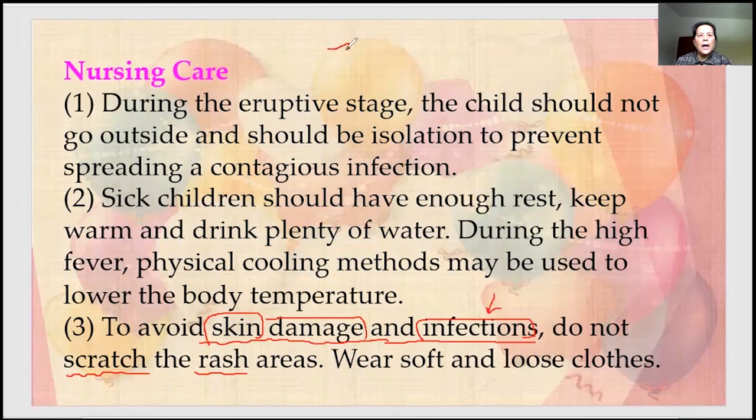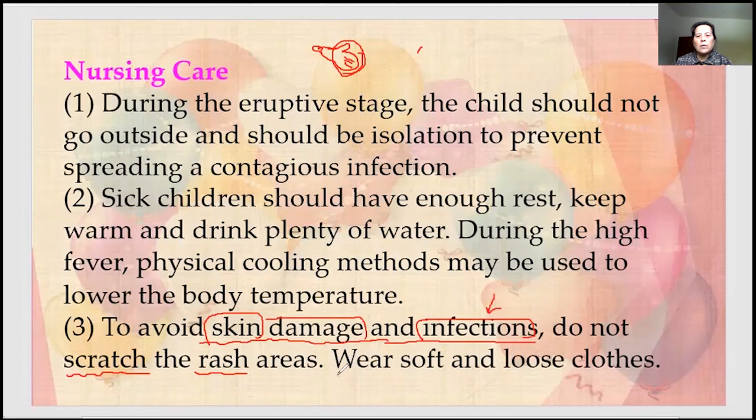So if the patient has this kind of condition, you can make a small glove with cloth and cover the hands. Even if you don't make the glove, maybe you just use some cloth to cover the fingers, especially the nails, to prevent scratching the skin.